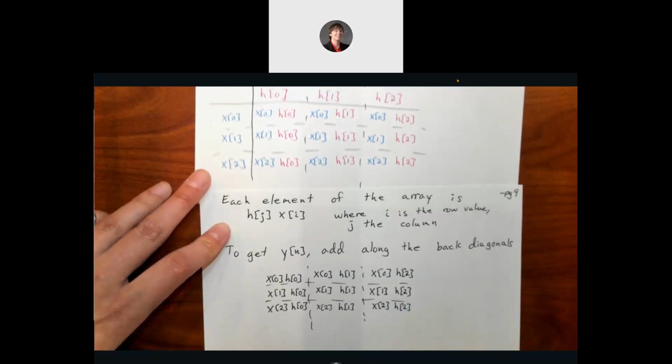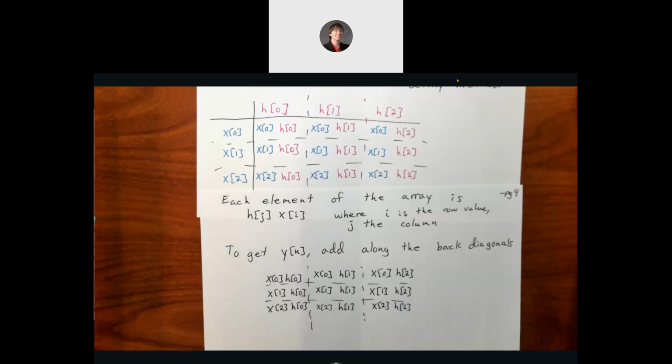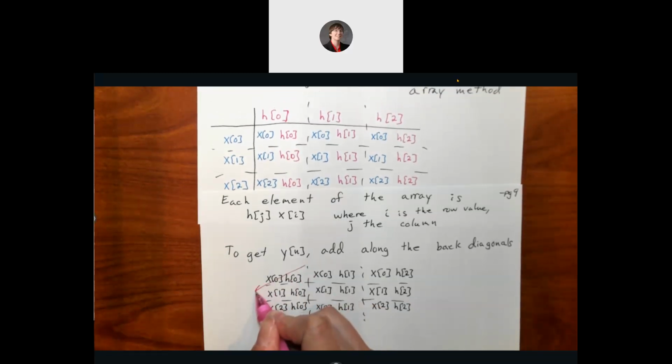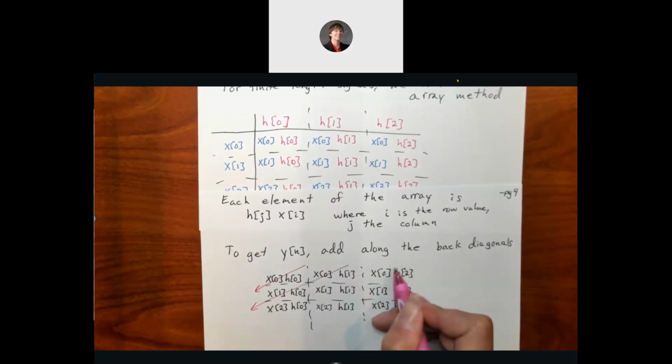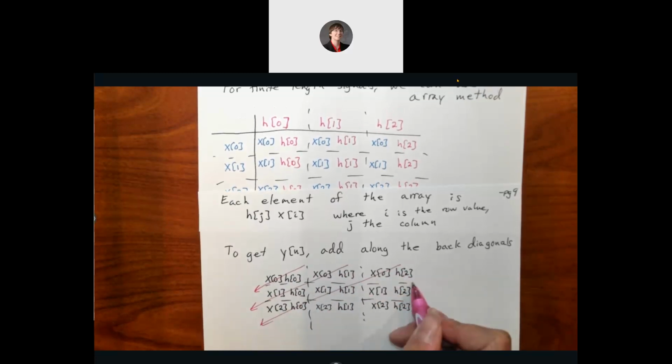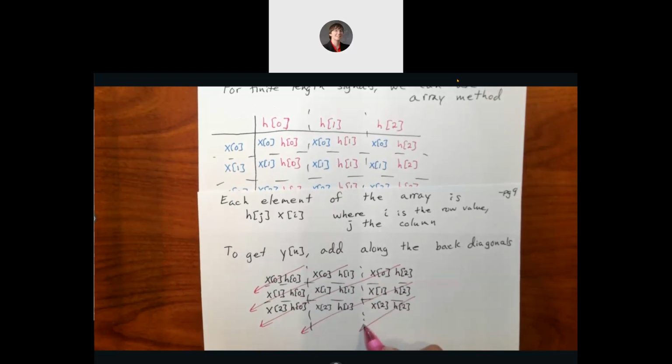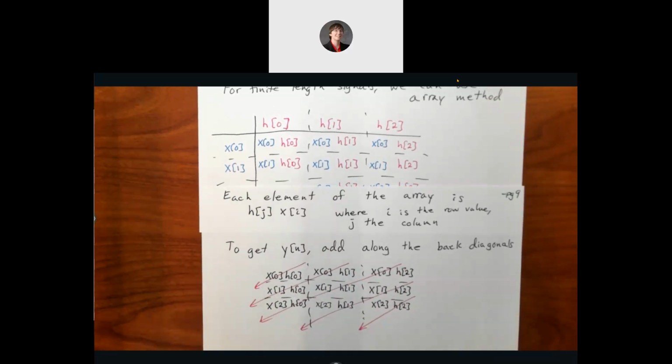All right, so once you have your array form here, then I'm going to sum along these back diagonals, and these are going to give me my y of n values. And so the question is, which of these corresponds to n equals 0? Because if we just have a bunch of numbers, but we don't know what n's they correspond to, it doesn't help us very much.